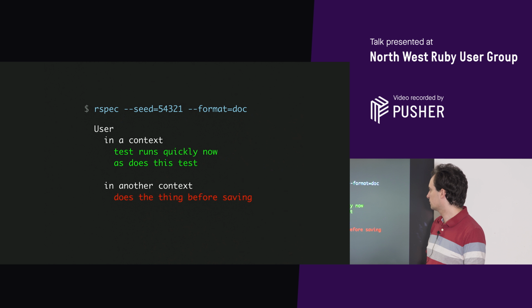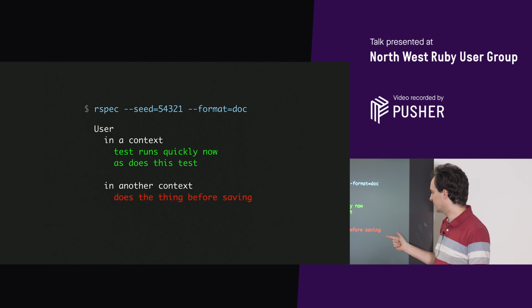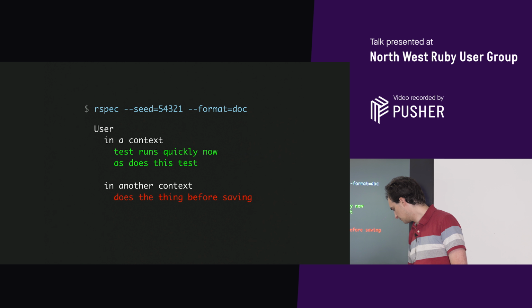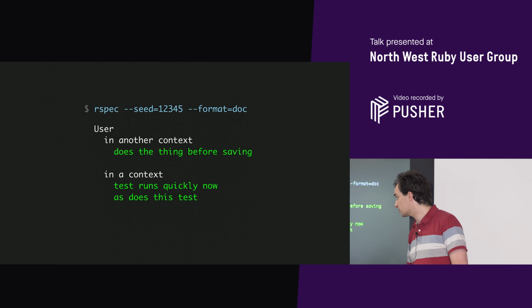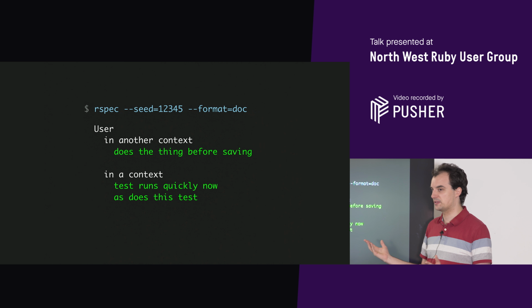But just to be sure, we pick up the seed that it used, and we run the tests again, and we can see these ones fine, the ones that we added, or sped up I should say, but this one is failing. So again, just to make sure, change the seed around, runs fine.